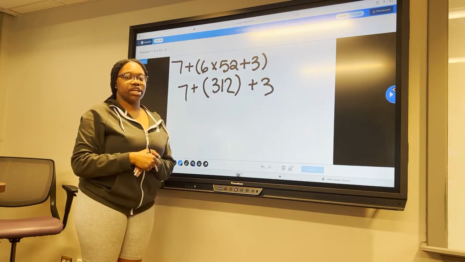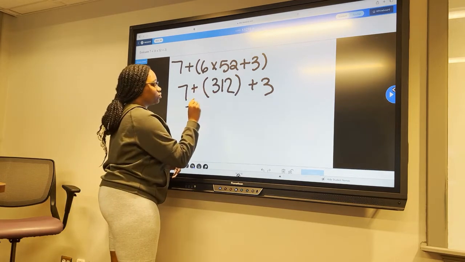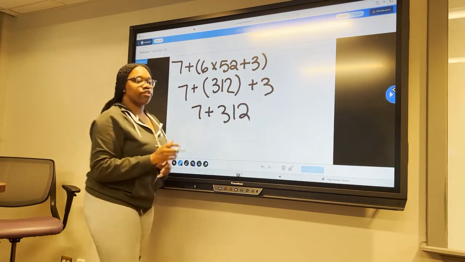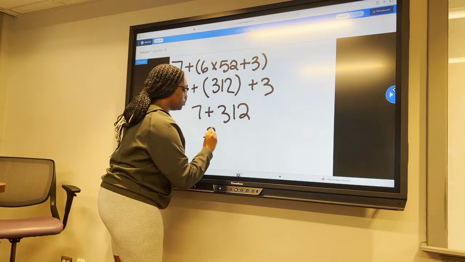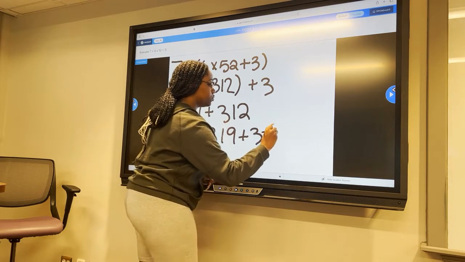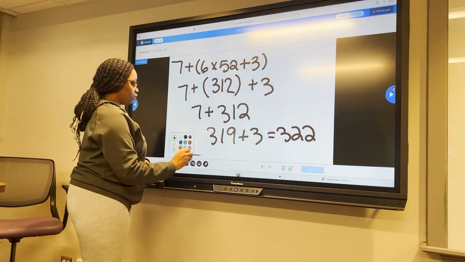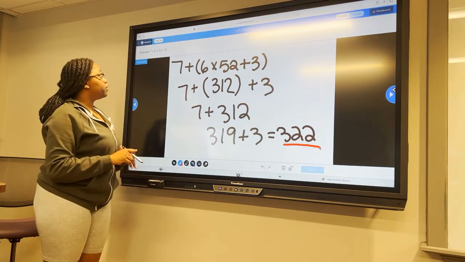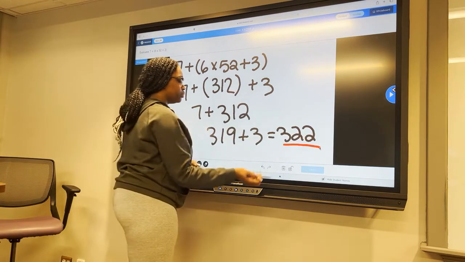What would be your next step? Left to right addition. Correct. What is 7 plus 150? 157. Plus 3? 160. So our equation 7 plus 6 times 5 squared plus 3 equals 160.